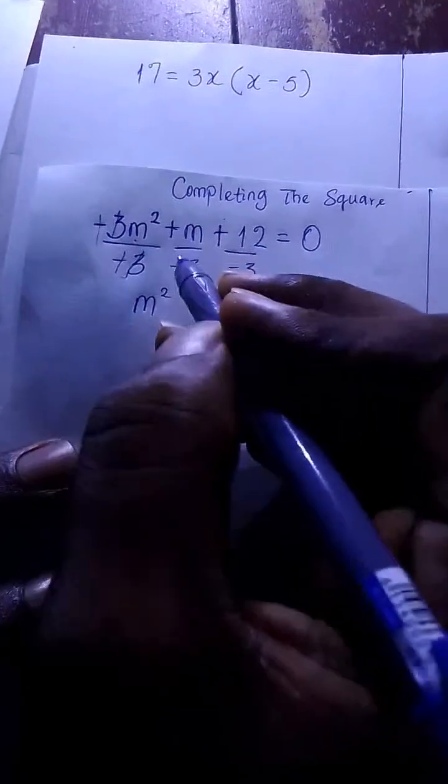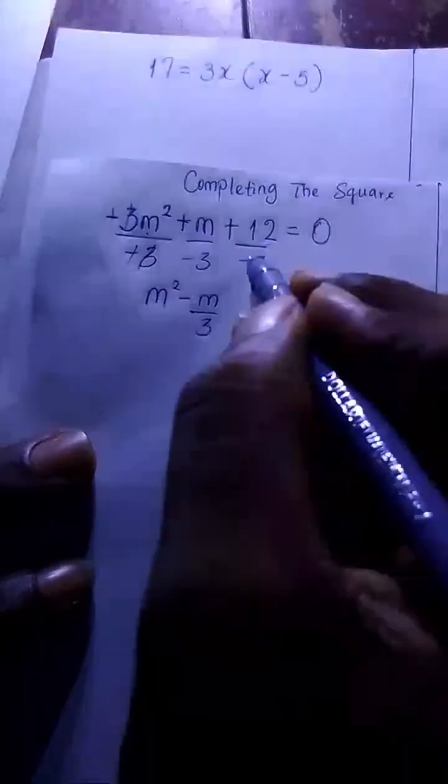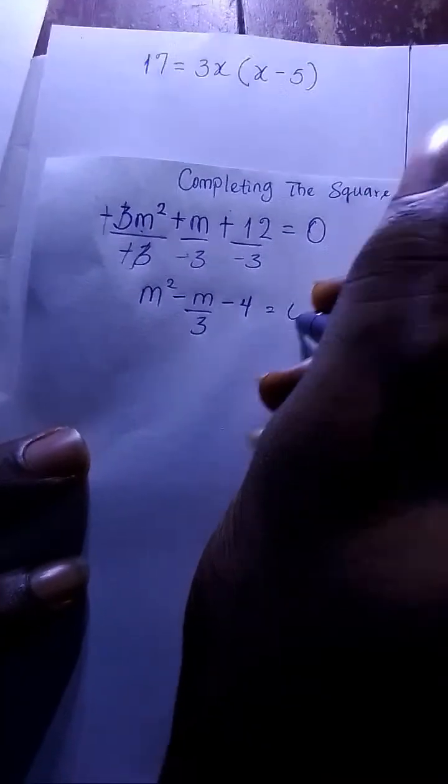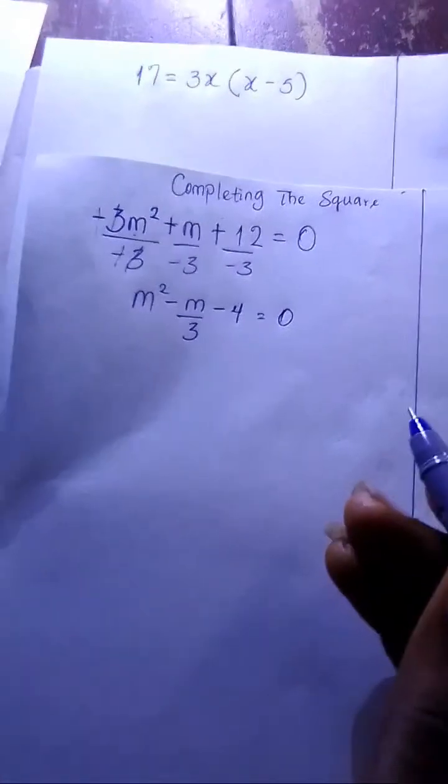We have m squared. So this other one, we have minus times plus gives us minus m over 3, and here minus times plus gives us minus 12 divided by 3 gives us 4 equals 0, right? Right. So 12 divided by 3 equals 4.